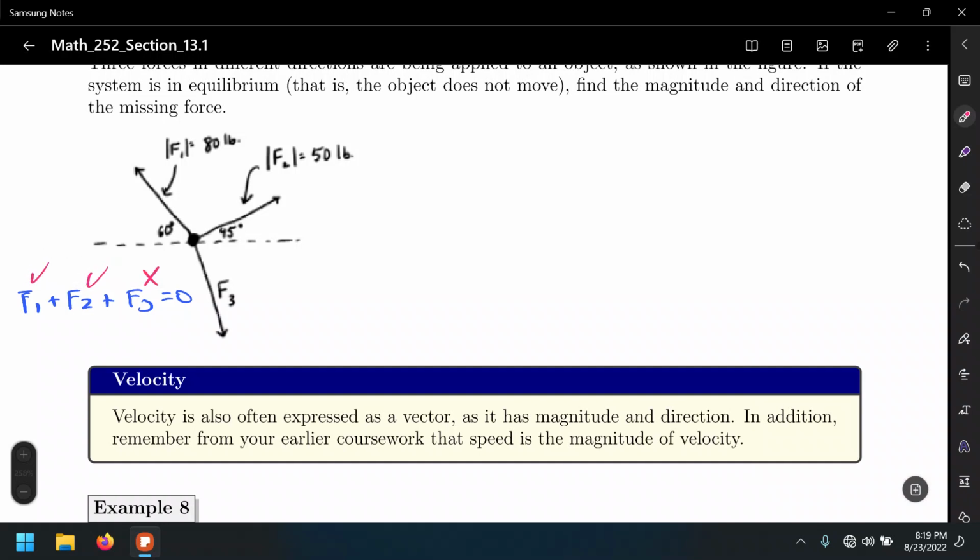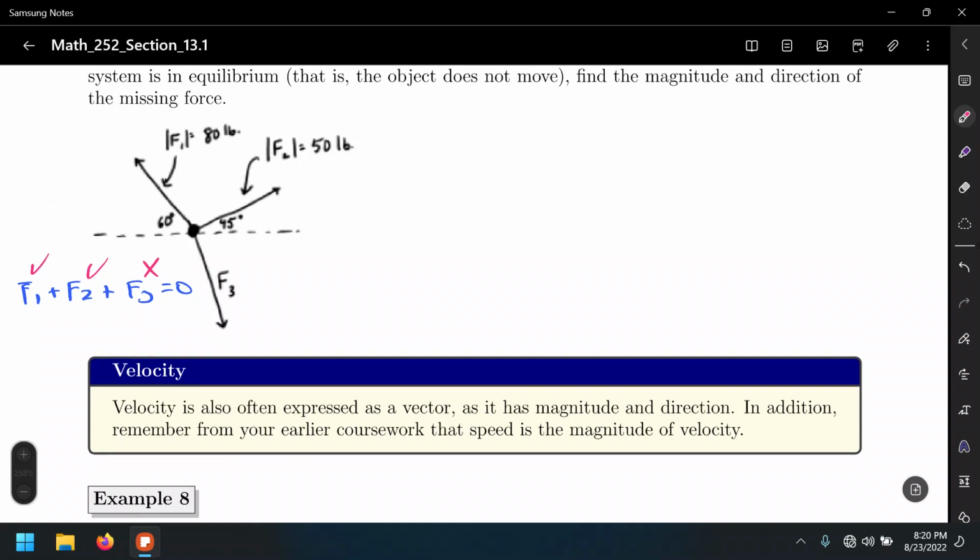We don't know force 3. We can represent the forces in vector notation first with the information that we have, and then subtract those vectors to find F3. But we need to be very, very careful with the diagram right here.